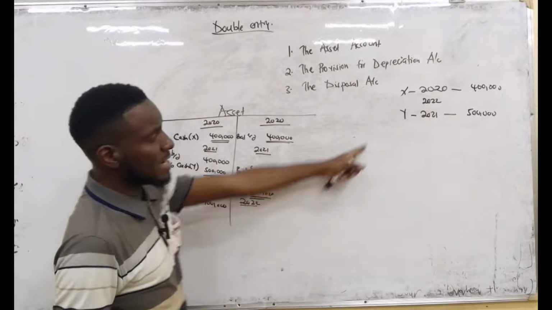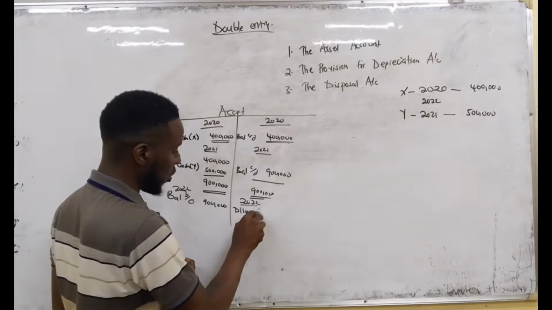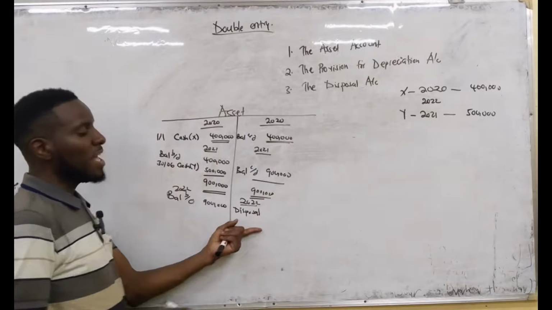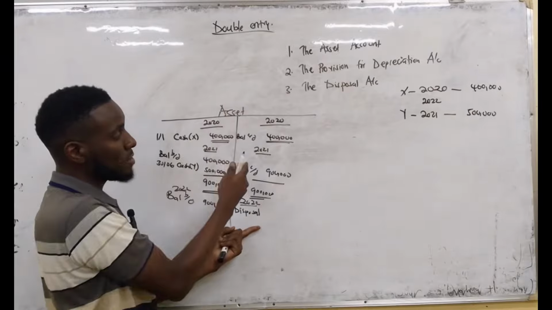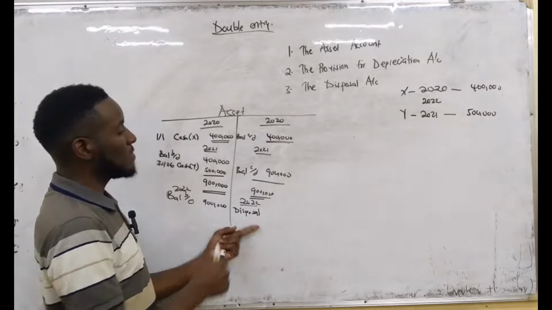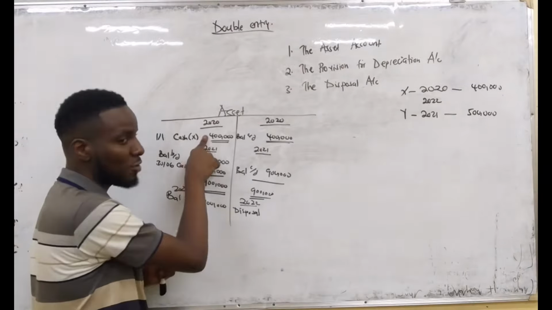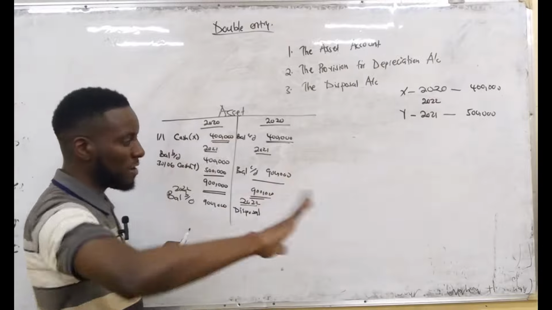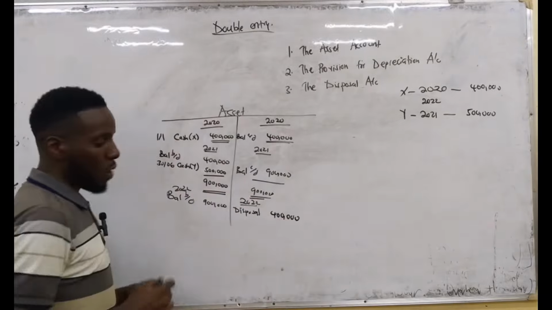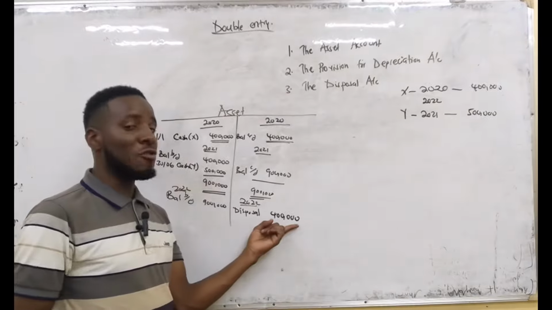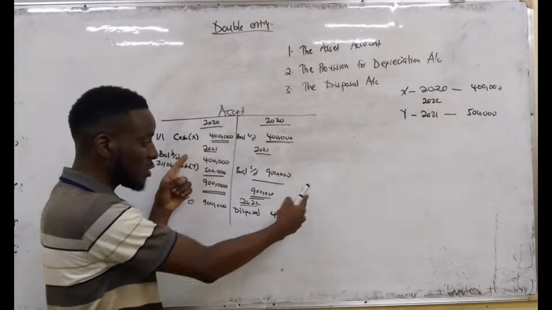But now they told us that this asset was disposed of in 2022. So you come and say disposal of how much? Now, irrespective of the amount they have given you that this asset was sold at, this asset account is like a cost account. So I'm supposed to record every item at cost. For example, if this asset was bought at 400, even if it was sold at 300 or 500, if I'm disposing of it, I'm supposed to come and write the 400 here. It's like I'm taking this asset off my asset account, because when I take off the 400, this 400 will cancel out this 400.